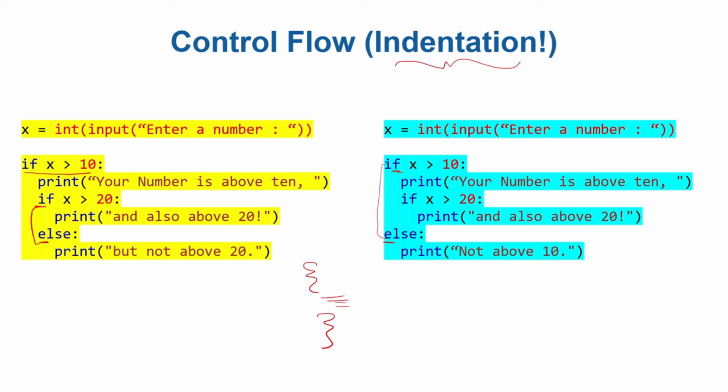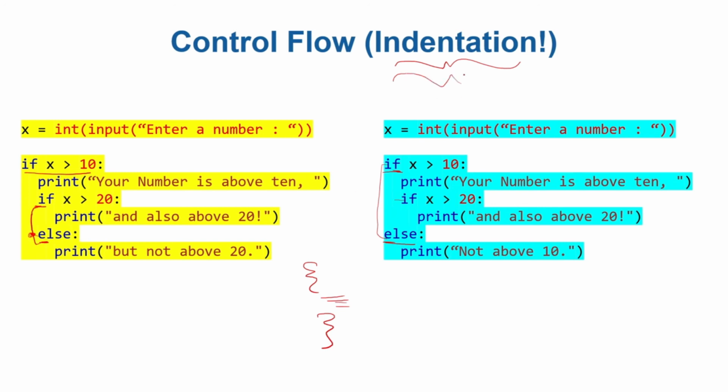So, for example, this is a crucial example. If this else moves backwards and aligns with this if, you get this else with this if. These are two if and else structures. This is still a nested if without an else part. And if this else moves somewhere in between, I mean, if it is not aligned with this if, and not aligned with that if, you get a syntax error because that is not a proper indentation.